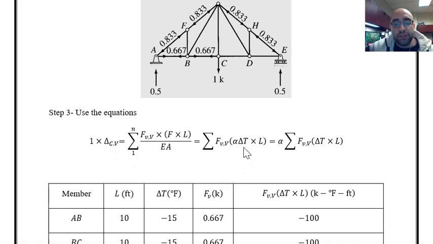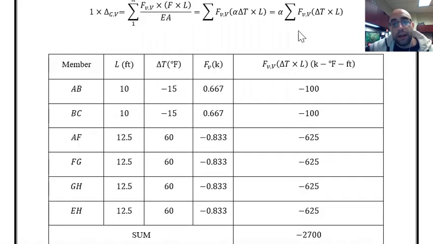method. Alpha is just a constant value which is the same for all the members, so I am taking it out from the summation, and these terms are the terms that I have in the table.